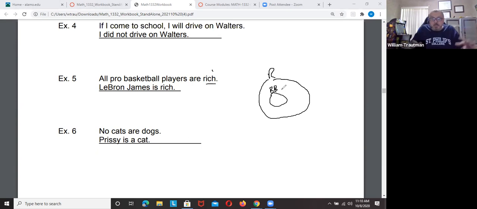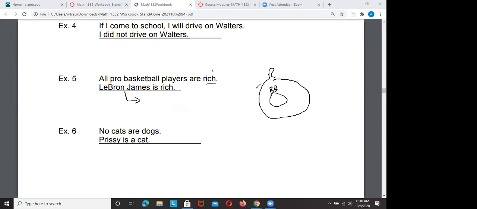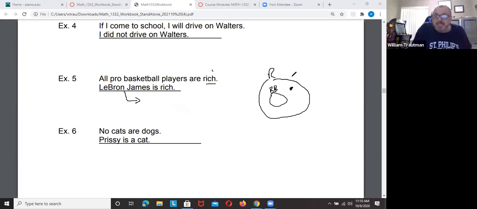LeBron James is rich. Where do I put LeBron James? Do I just put him in the rich section? Yes, because it doesn't say he's a basketball player. It just says he's rich.